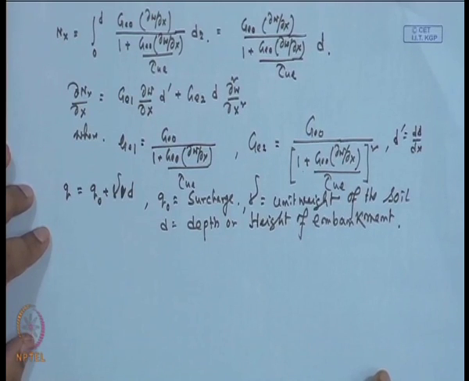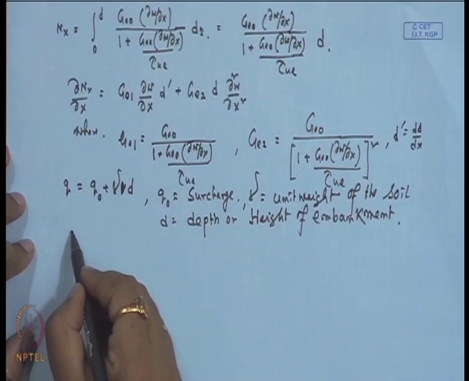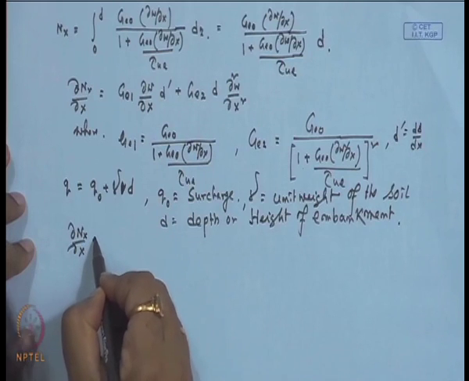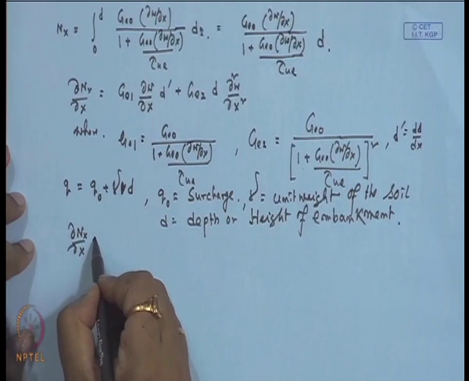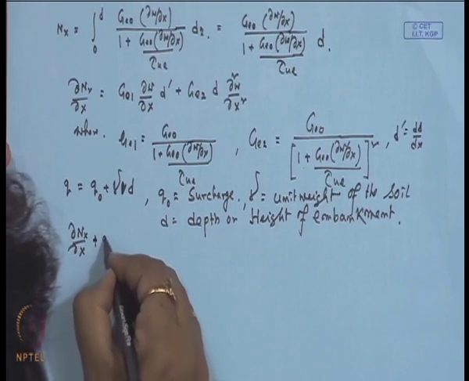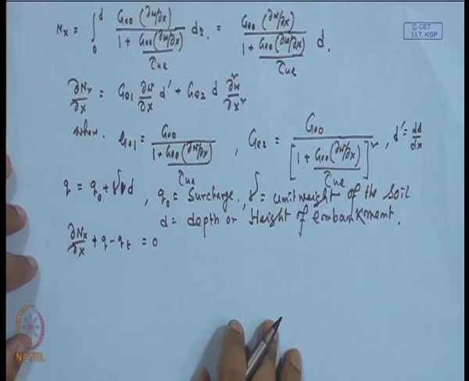So, once we write this expression, the final form we can write, because the final expression is del N x del x plus q minus q t is equal to 0.